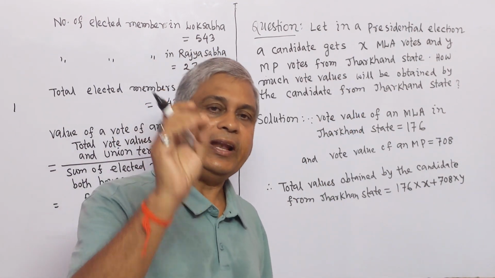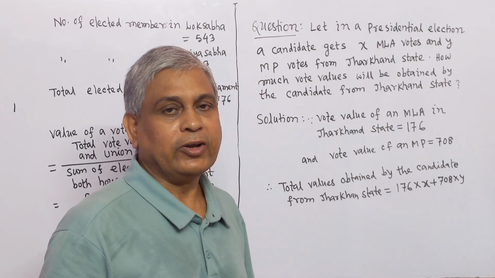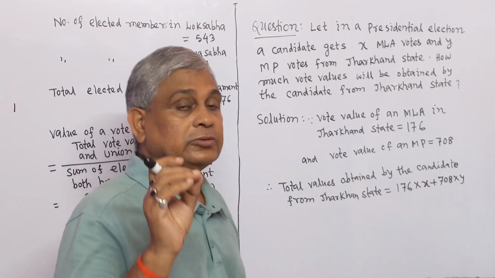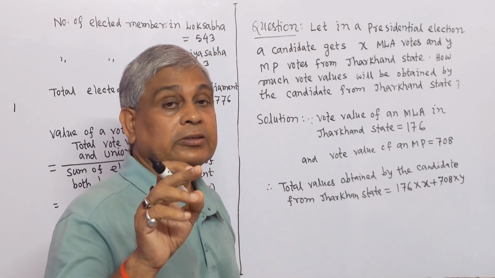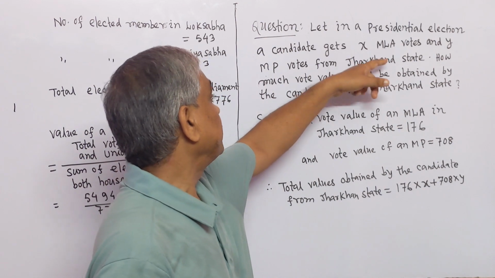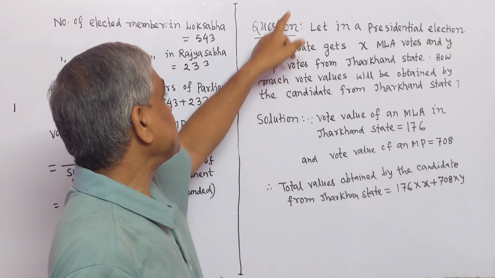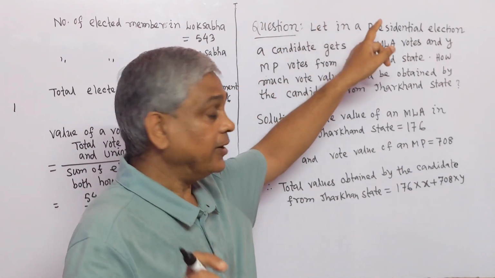Similarly, we may calculate the vote value obtained by the candidate from different states. For example, in Himachal state, let X number of MLAs cast vote to the candidate and Y number of MPs cast vote to that candidate.